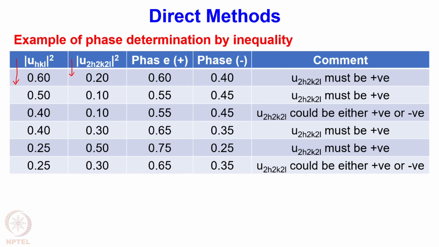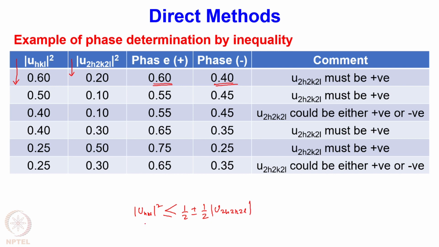If the phase is positive, then you get the value of the inequality on the right hand side as 0.6, and on the other hand, if it is minus, you get it as 0.4. What we should keep in mind is that we are talking about the relationship where U_HKL square should be less than or equal to half plus minus half of U_2H2K2L.